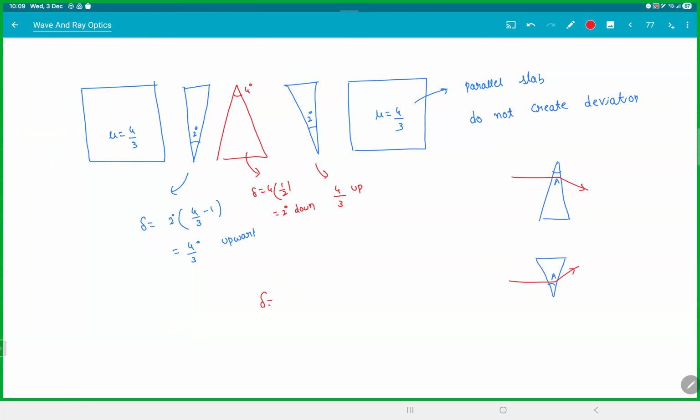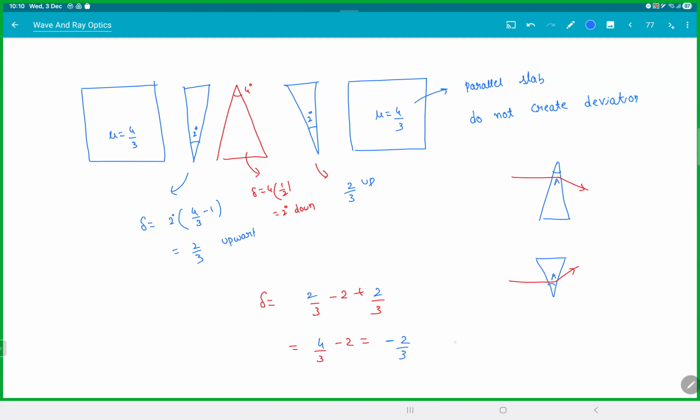So net deviation you can simply add up: 4 by 3 minus 2 plus 4 by 3. That is 8 by 3 minus 2. This is 2 by 3. That will be minus 2 by 3.